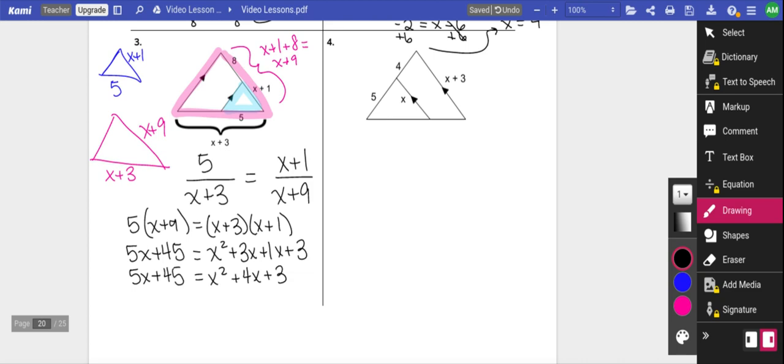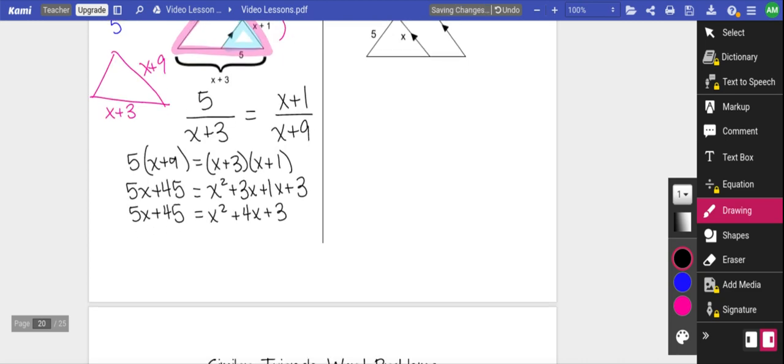Notice that all my x squareds are already on one side of my equal sign. If I have x squareds on one side of my equal sign, that's a hint that I'm going to need to factor. So in order to factor, I need to move everything to one side of my equal sign because it needs to equal 0 before I can factor.